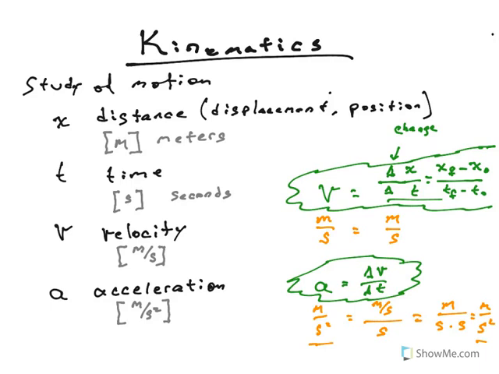Now, what we're going to be doing is kind of working our way into the subject, starting with easy stuff and eventually getting to the more complicated stuff. And the best way to do that is, let's start with motion in only one dimension. And what that means is 1D kinematics.